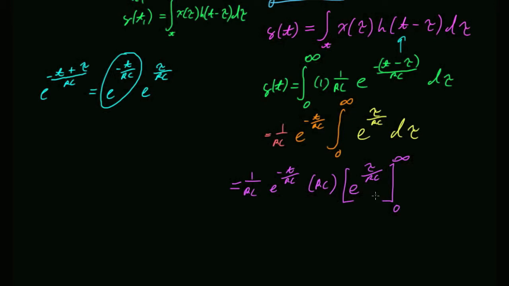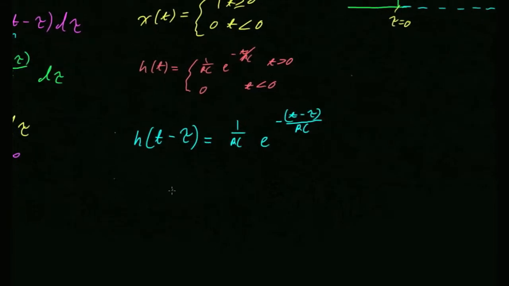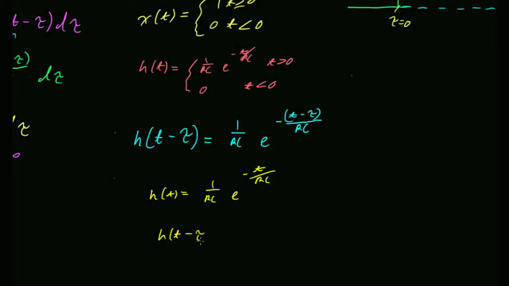So hold on. So let's see. H of t is definitely that. That's right. So if I now do h of t minus tau, what I'm supposed to do is 1 over RC e to the minus... oh, I screw this up every year, don't I?